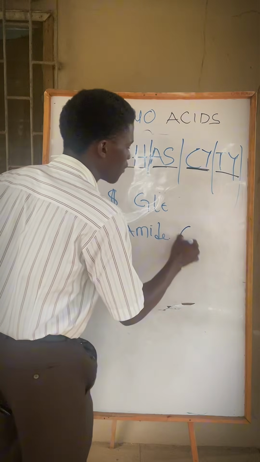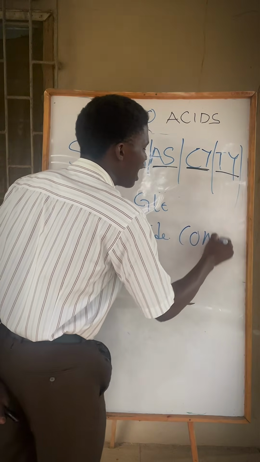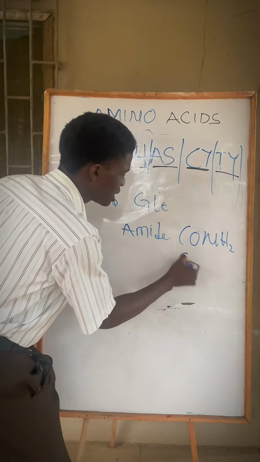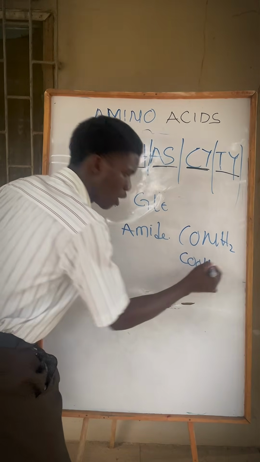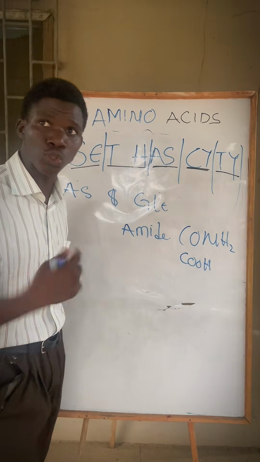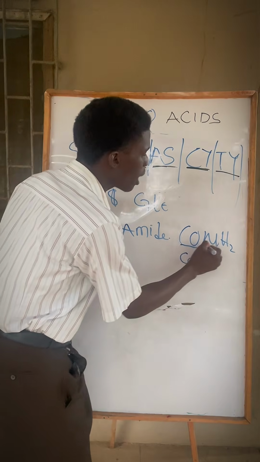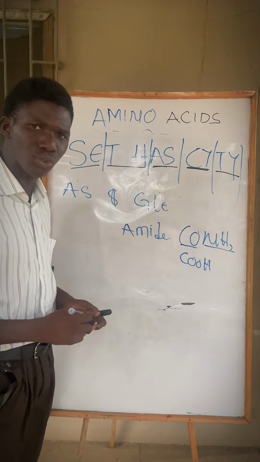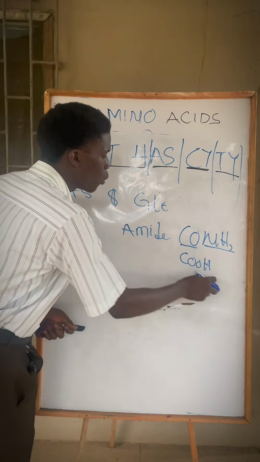The functional group of amide is CONH2. The functional group of acid is COOH. But for an amide, the functional group is CONH2. Do you understand it? CONH2. But for an acid, COOH.